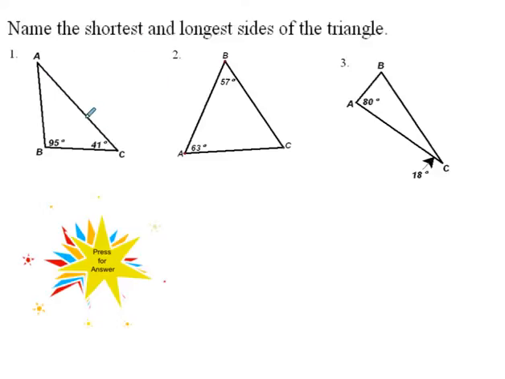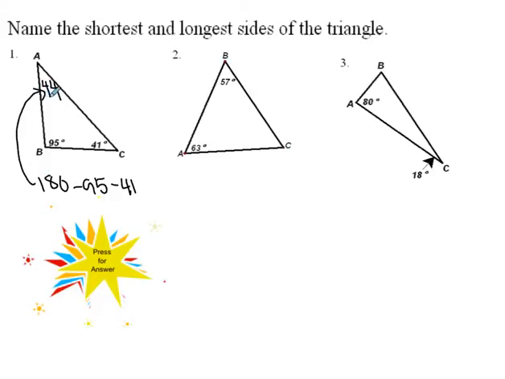And I know that interior angles of a triangle sum to 180. So I'm going to subtract 41 from 180 and subtract 95. That tells me this angle here is 44. Again, I'm taking 180 degrees, I'm subtracting 95, and I'm subtracting 41.